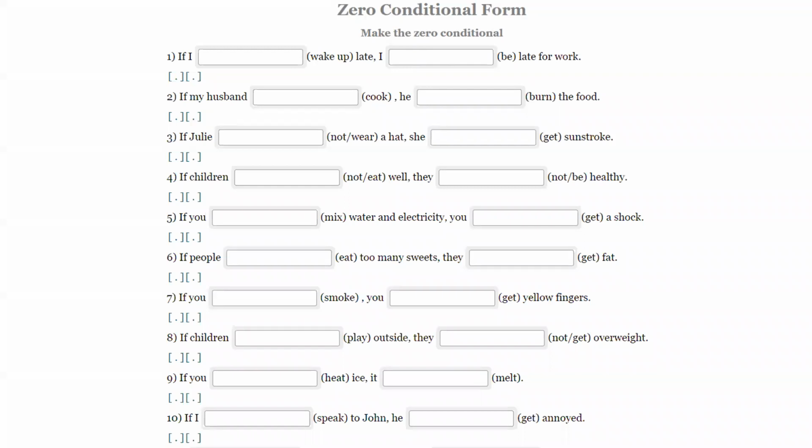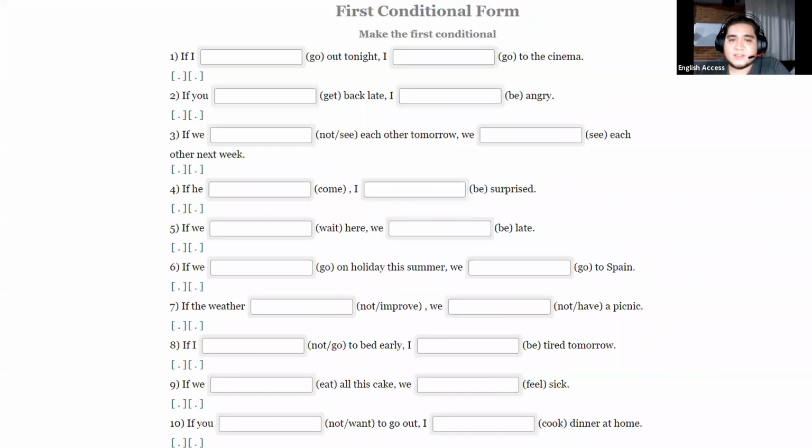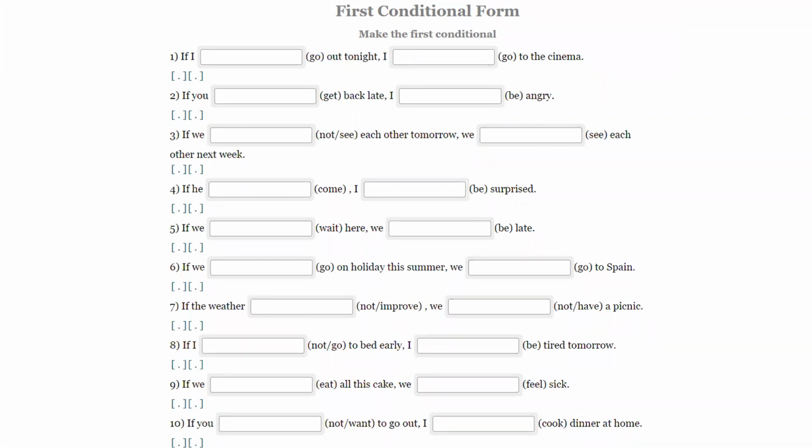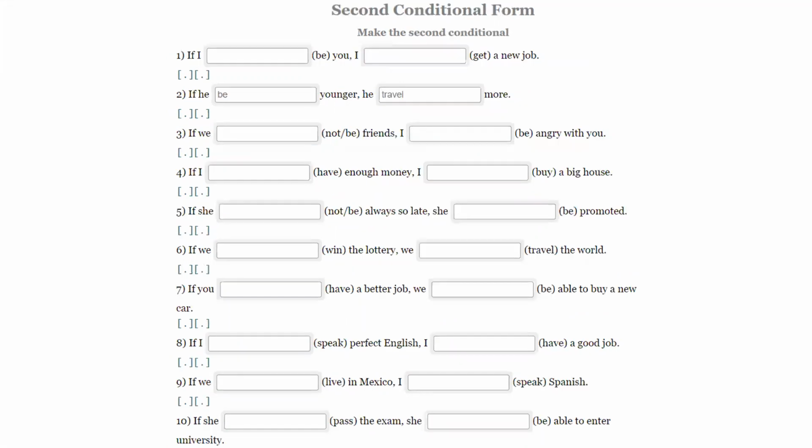I have it. Yes. Okay, good. This is the first conditional homework. Ready? Yes. Second conditional. Ready.